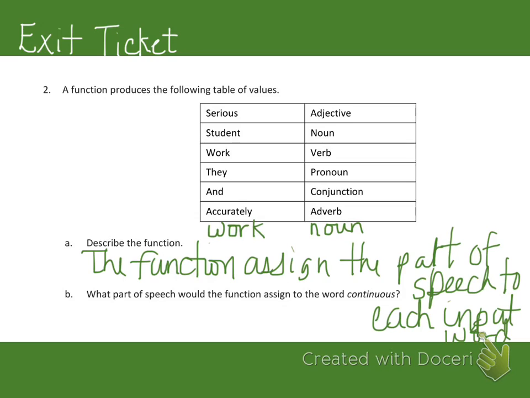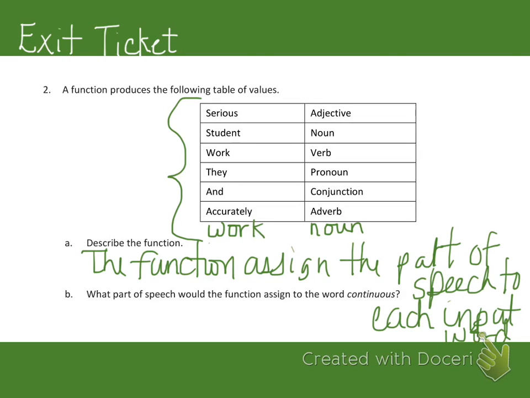So words can be two things. A word isn't really a part of speech until you see it in a sentence. And so if somebody agreed with me that these were all valid inputs, this would not be a function, because a given word could have two different outputs. So this would not be a function.